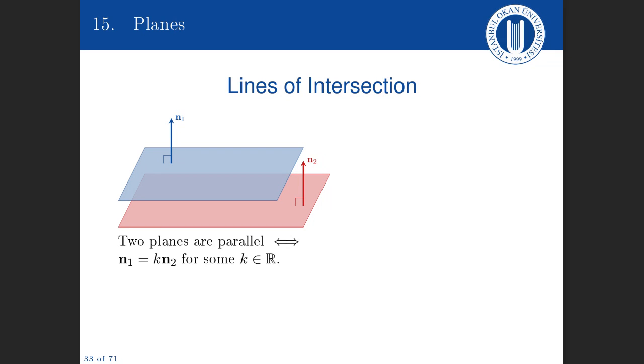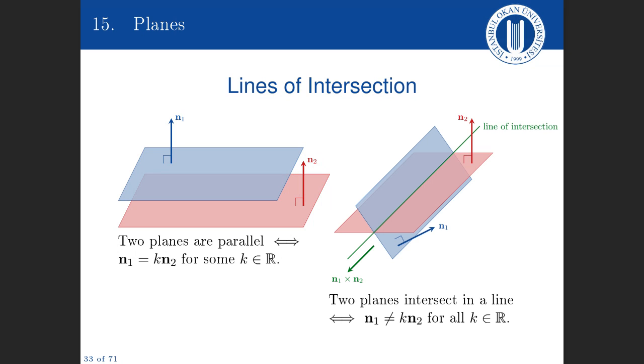That's one possibility. The other possibility is that these two planes intersect in a line. They intersect if n1 is not parallel to n2, if n1 is not a number multiplied by n2. And the line that they intersect in is called the line of intersection.